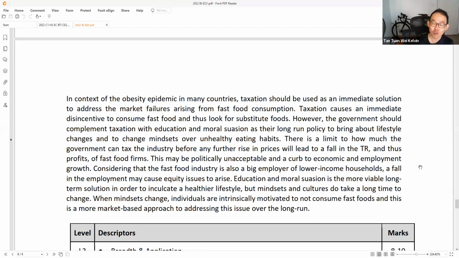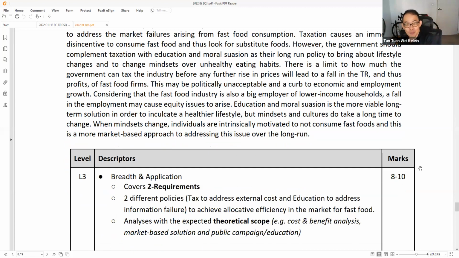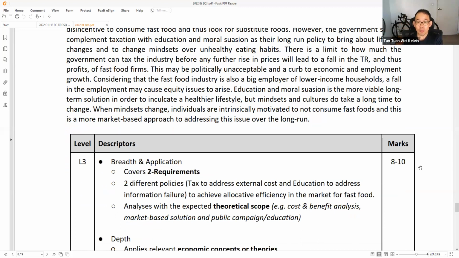Don't just regurgitate everything. Here we're also talking about employment. If the fast food industry employs many Singaporeans, any tax that causes the demand for fast food to fall may affect their jobs. So there are a lot of unintended consequences that you can have. This is basically the approach for question 1.